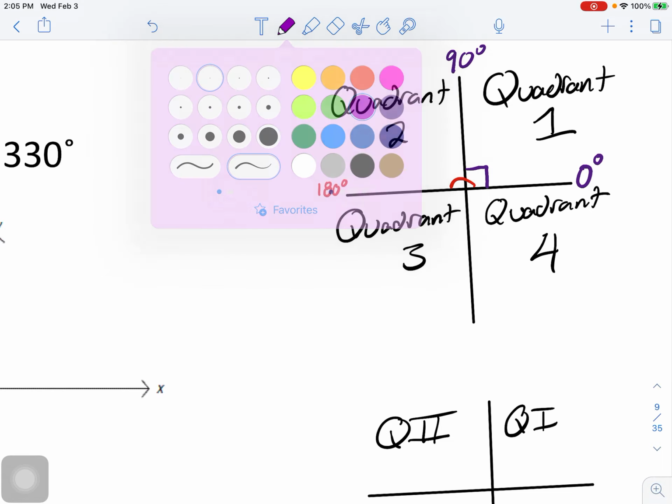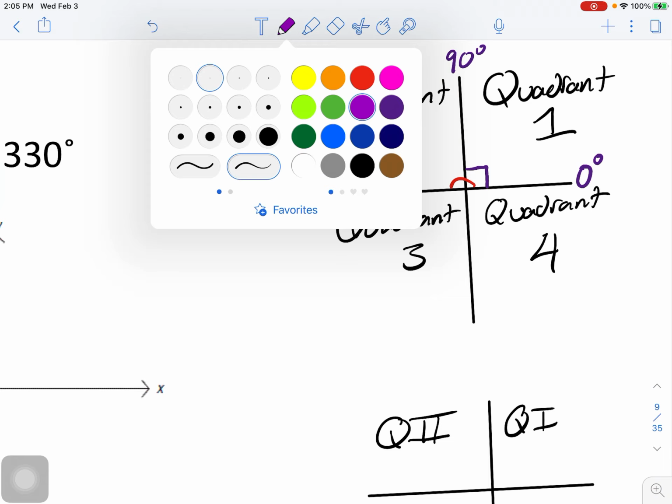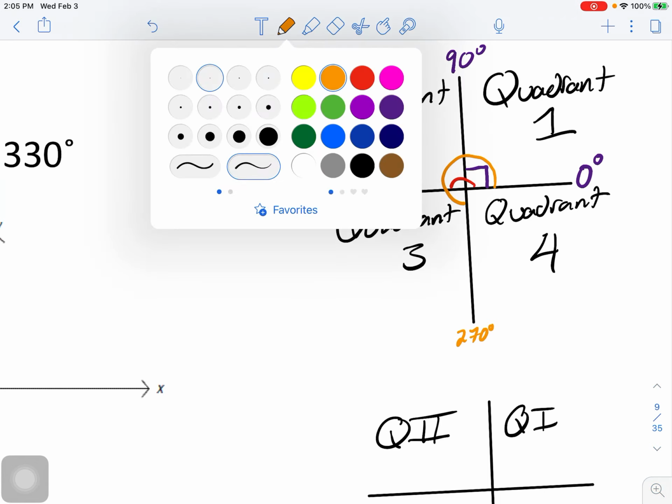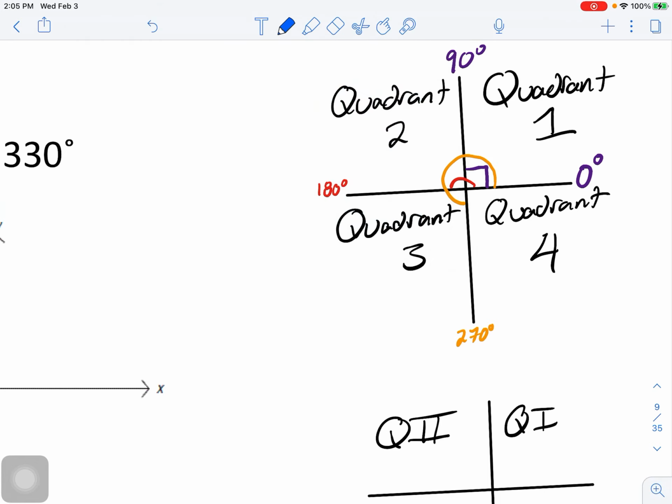And then finally, if we go all the way around, starting from our initial arm, which is always the positive x-axis, that's going to be 270 degrees. And then if we do an entire full rotation, then we are dealing with 360 degrees.